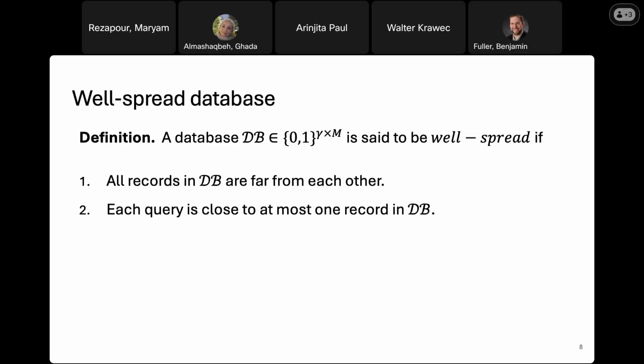We shouldn't have the case that the query is in between two different records in the database, because in that case we would return 2, as it's exactly in the middle. If c is at least 2, then the first condition implies the second condition. Otherwise, it doesn't.